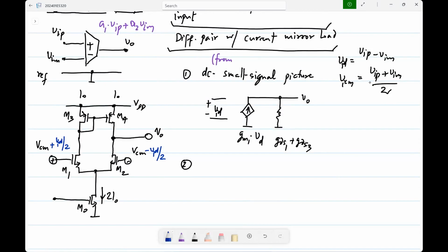Why do you need common mode rejection? What happens if you don't have common mode rejection? You have calculated common mode gain and common mode rejection earlier, right? But why do we care? I think you are mixing up things.